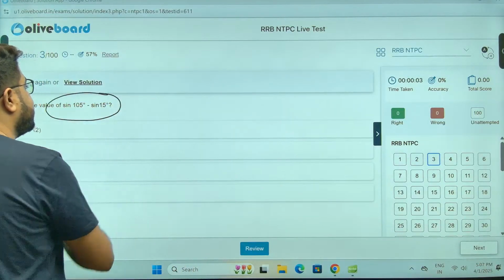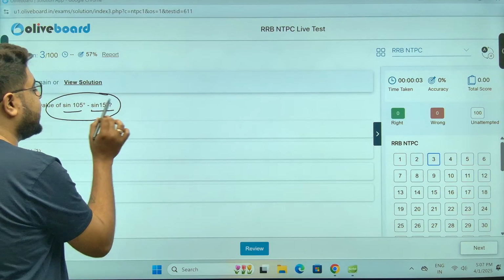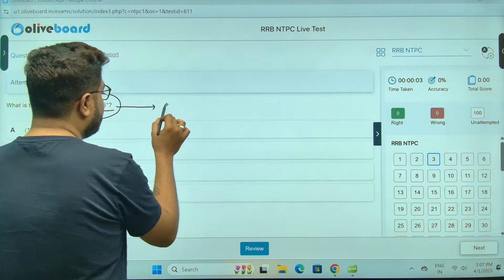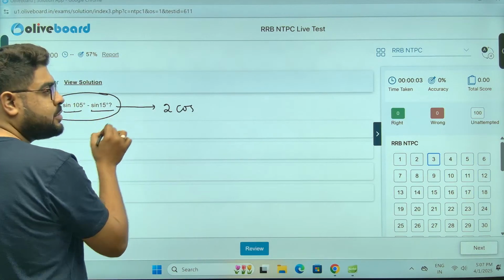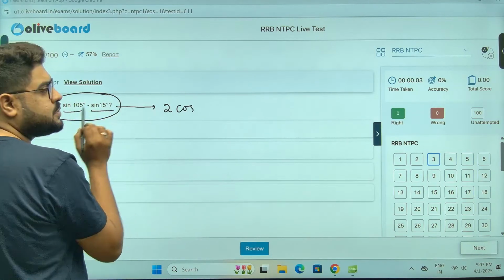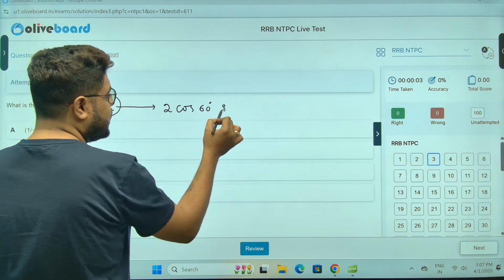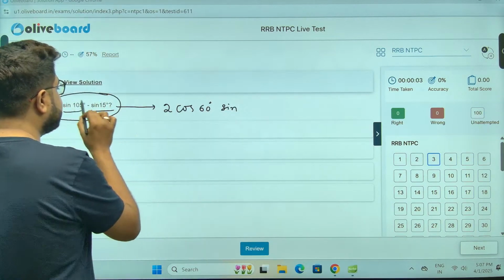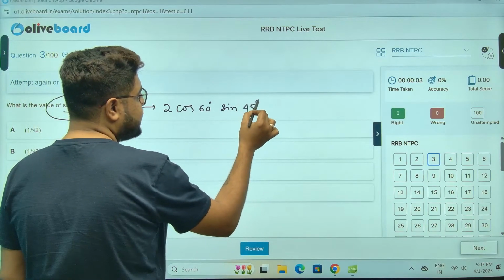So this is our first question. Sine C minus sine D formula: 2 cos (C plus D) by 2. That is (105 plus 15) by 2, that is 120 by 2, which means 60 degree, into sine (C minus D) by 2, 105 minus 15 is 90, by 2 means 45.